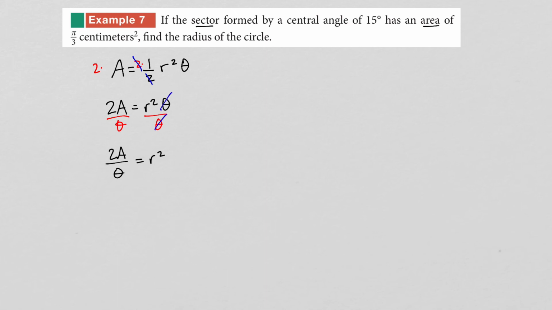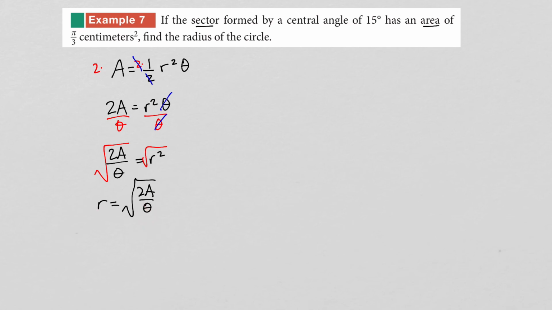And then now to solve for r, I just need to take the square root of both sides. And when I do that, I get r is equal to the square root of 2A over theta. Okay, so if I know the area of the sector, and if I know the central angle, I can find the radius of the circle.